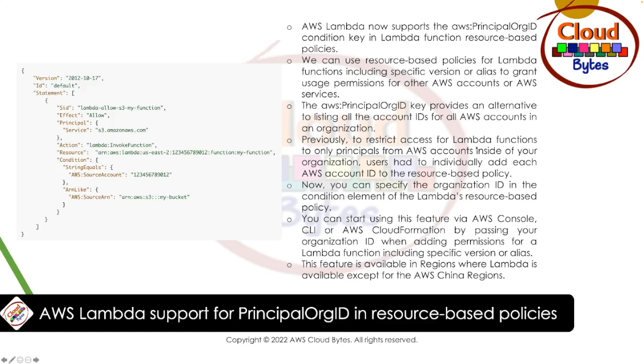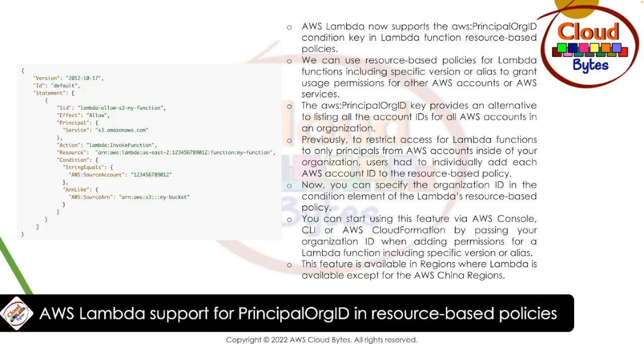Previously, to restrict access to Lambda functions to only principals from AWS accounts inside of your organization, users had to individually add each AWS account ID to the resource-based policy. Now you can specify the organization ID in the condition element of the Lambda's resource-based policy.